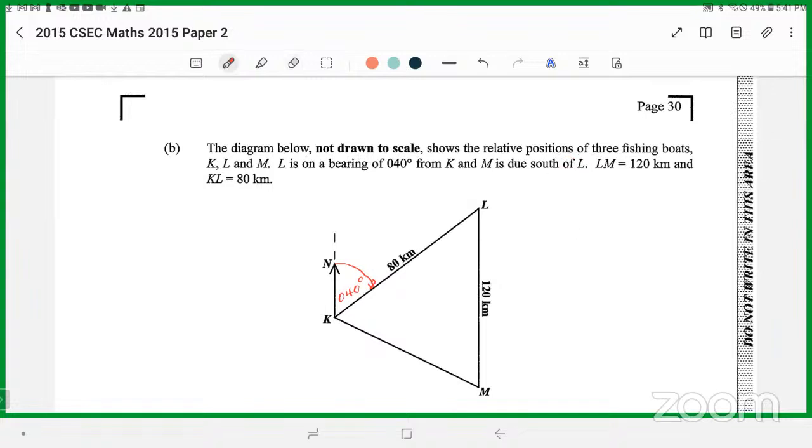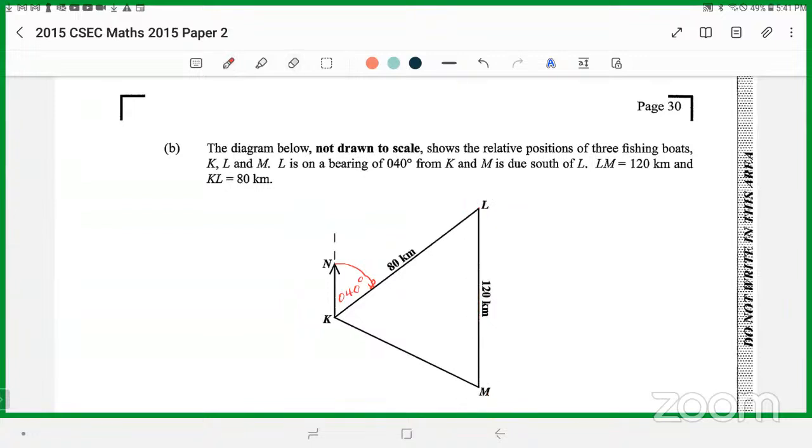In other words, from L to M, you go due south, which means you go towards the south. So this line is a north-south line on the diagram. From L to M is a north-south line.